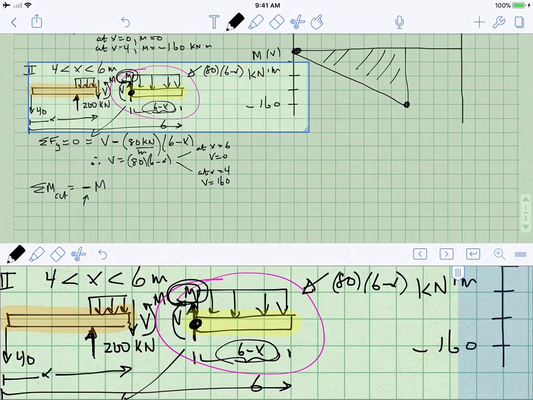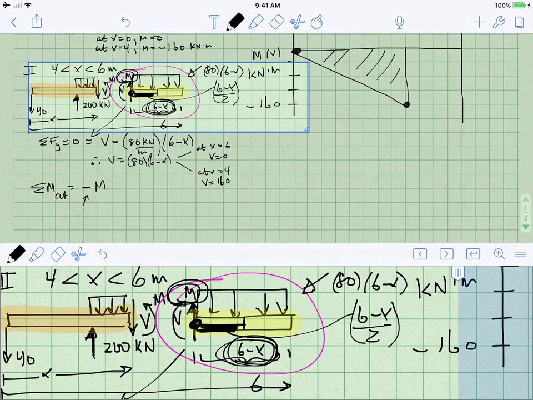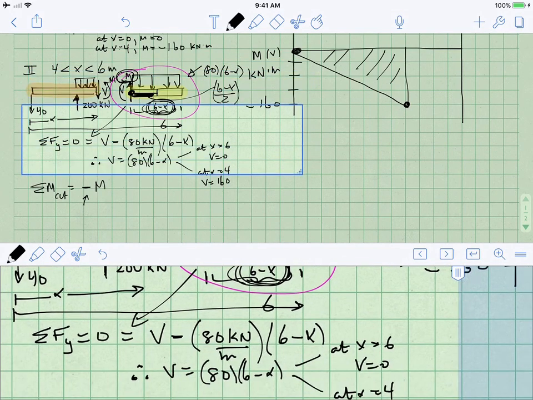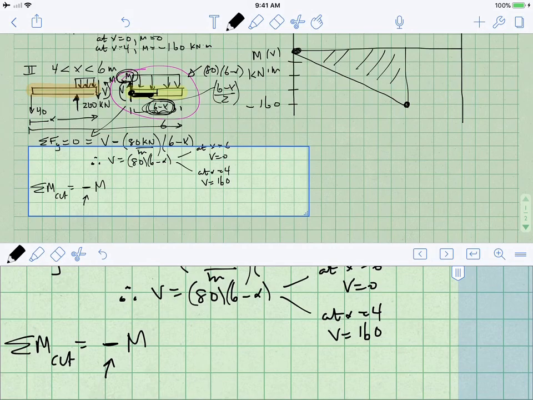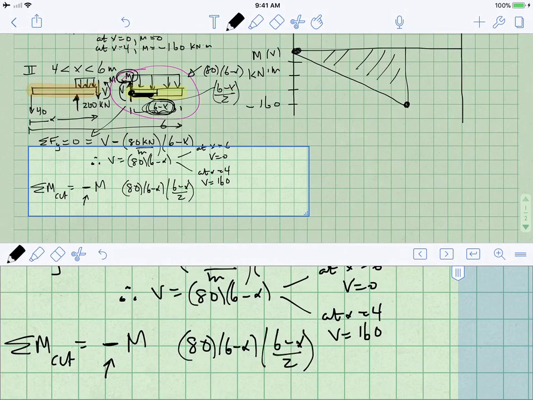Where is it located relative to this cut? It's located at 6 minus x divided by 2. So this segment length is 6 minus x over 2, the distance from the cut. So I'm going to have 80 times 6 minus x, located 6 minus x over 2 from the cut.